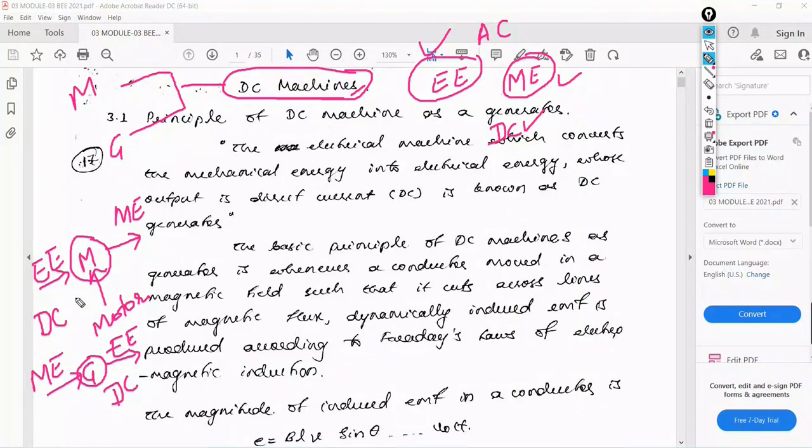That is called a DC generator. Is this clear now? What is a generator? What is a motor? These are the two different types of DC machines. One is generator, and another one is motor.